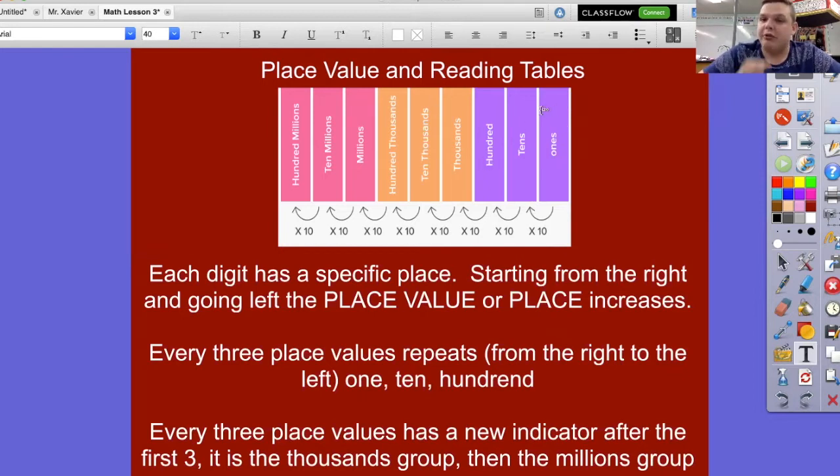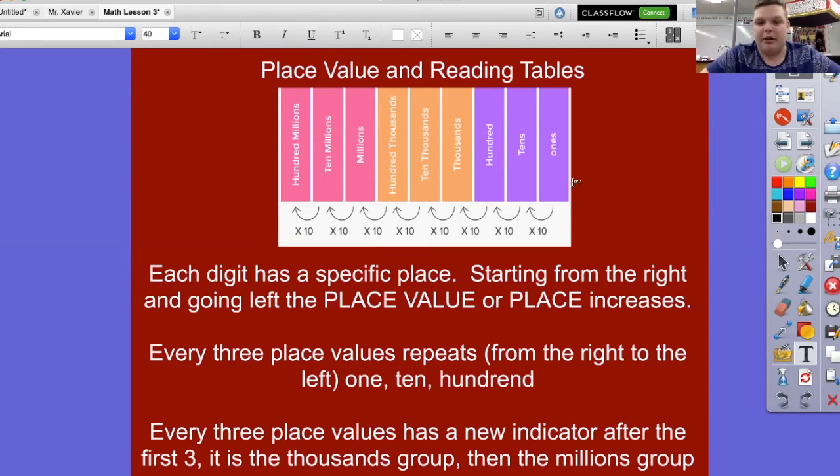Each 3 repeat: ones, tens, hundreds. Then it does another, ones, tens, hundreds. Then another, ones, tens, hundreds. Every 3 places has a new indicator, is what I'm calling it, after the first 3. So you have ones, tens, hundreds. Those are just plain, the first ones.